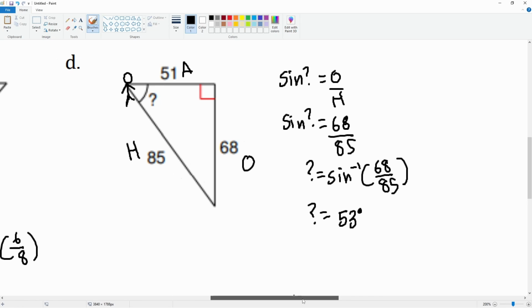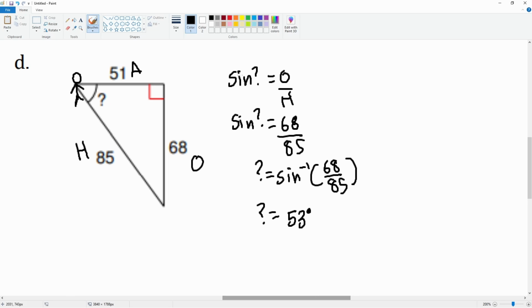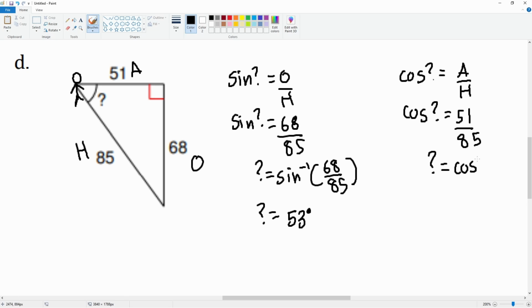I'm going to do it one more time because I have other pieces to double check my work. So let's do cosine. Cosine of the question mark is equal to adjacent over hypotenuse. Cosine of the question mark is equal to adjacent, which is 51, over the hypotenuse, which is 85. The question mark is equal to the cosine inverse of 51 over 85.